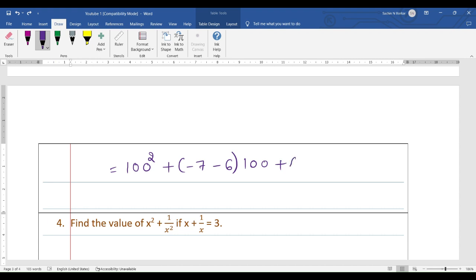So 10,000 minus 13 into 100, minus 1300, plus, minus into minus plus, 7 times 6 is 42. So the final answer is 10,000 minus 1,300, 8,700, plus 42, 8,742.